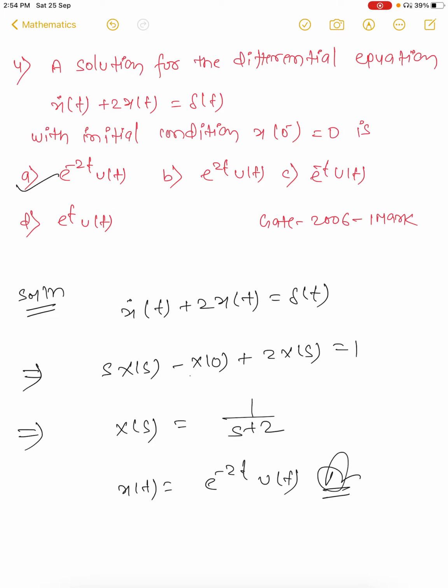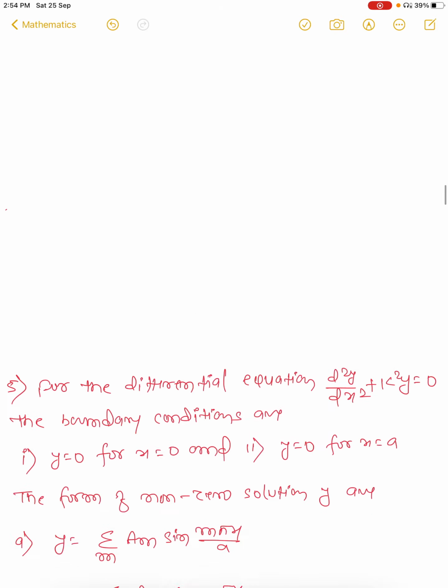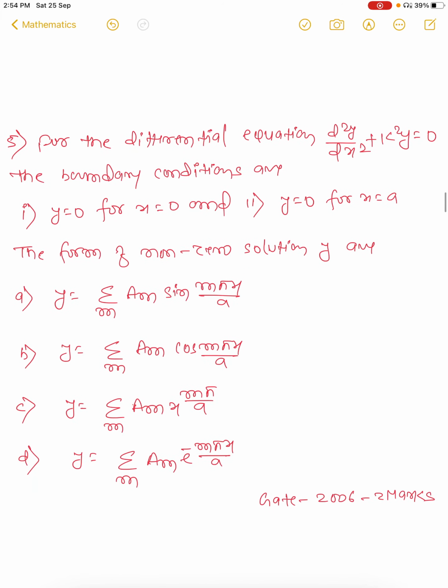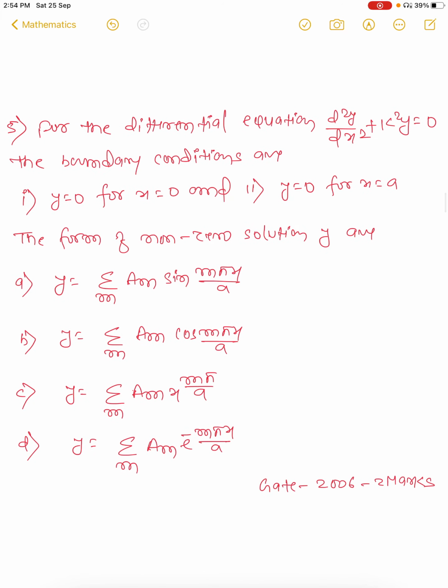Okay. Now comes the next question, question number 5. For the differential equation d square y by dx square plus k square y equal to 0, the boundary conditions are y equal to 0 for x equal to 0 and y equal to 0 for x equal to a.